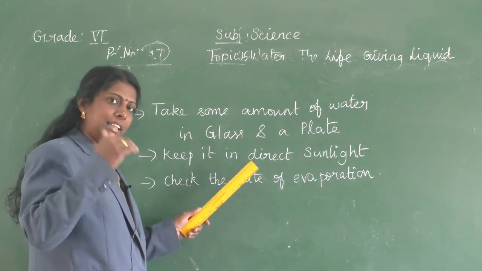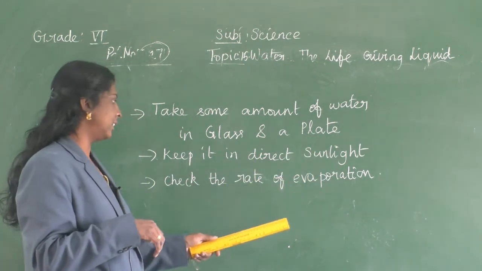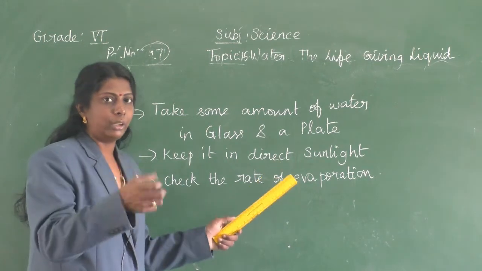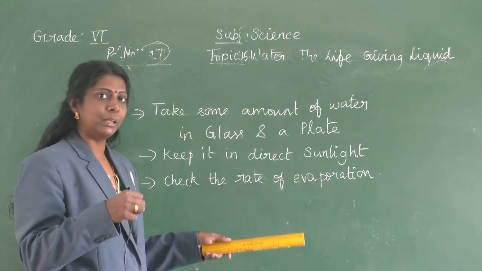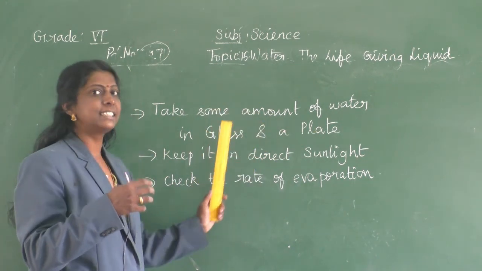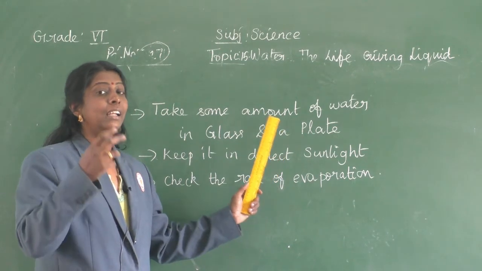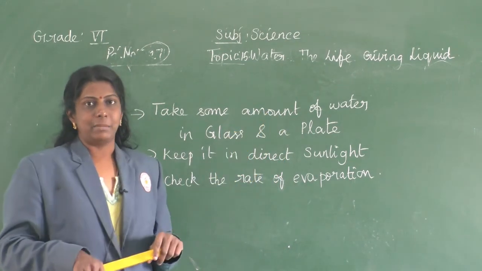Then keep the glass and the plate in direct sunlight. Then check the rate of evaporation by seeing the amount of water in the glass and plate and report the results in your class email ID.